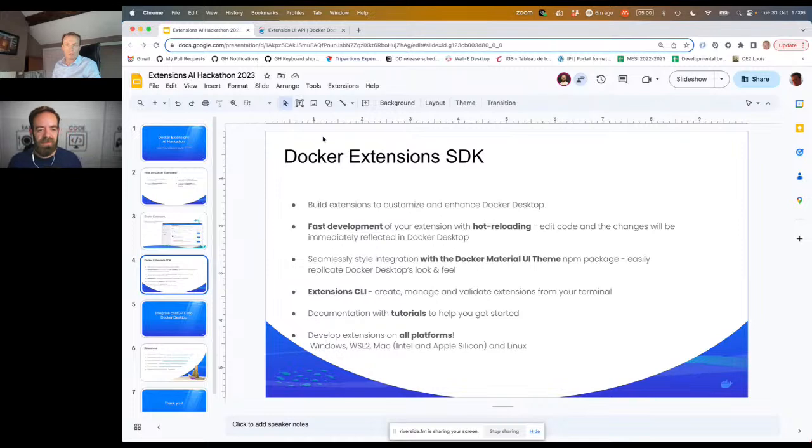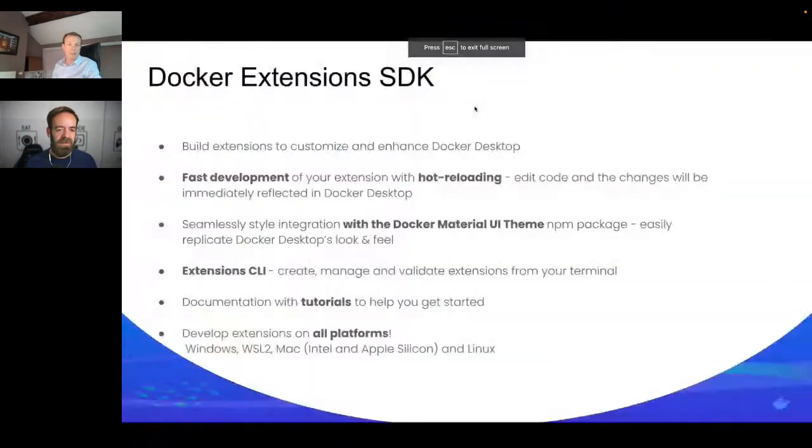So I can go back into the slideshow. For this, we provide an SDK to let people create their own extensions. The goal is to let you build your own extension, create your own UI, your own features, and integrate them into Docker Desktop. We have some tools to enable fast development, so we try to make things as easy as possible to have a quick feedback loop when you're developing your own extension.